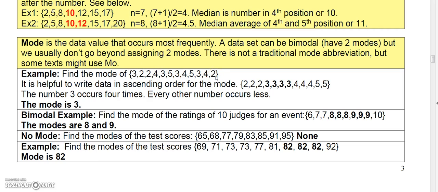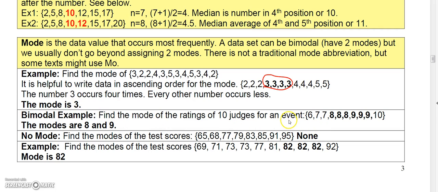So I'll write the 3 2s, and then I have 4 3s, and then 3 4s, and 2 5s. Now I can see that the 3s occur more than any other of the values, so the 3 would be the mode. So here the mode is 3.